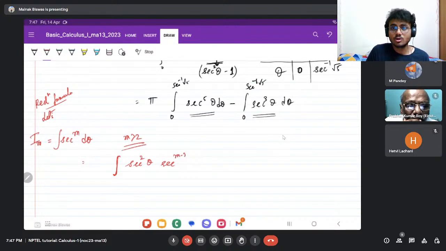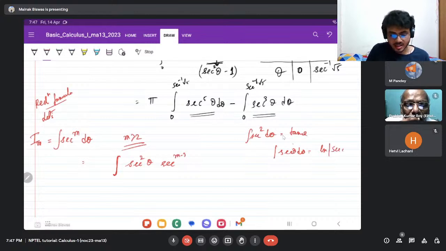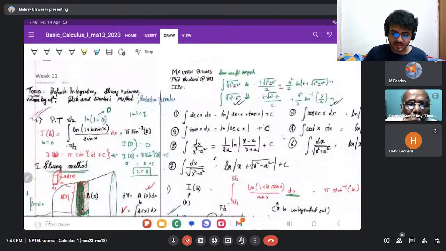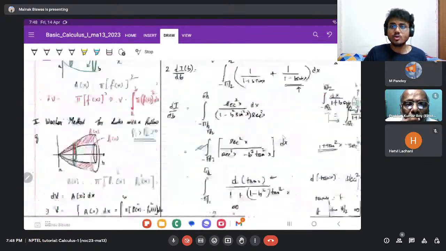For m equal to 2, the integral of sec square theta d theta is tan theta, and for m equal to 1, the integral of sec theta is log of sec theta plus tan theta, right? This is your general case. We have used these formulas extensively before, so 1 and 2 we know; these are the base cases.